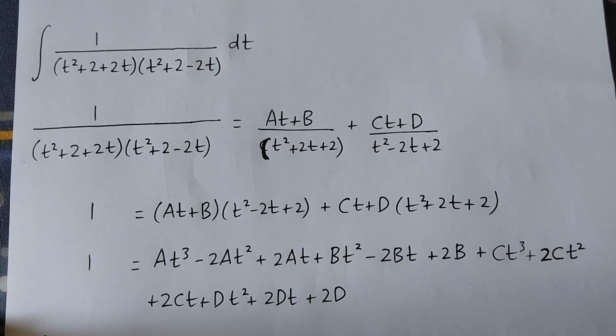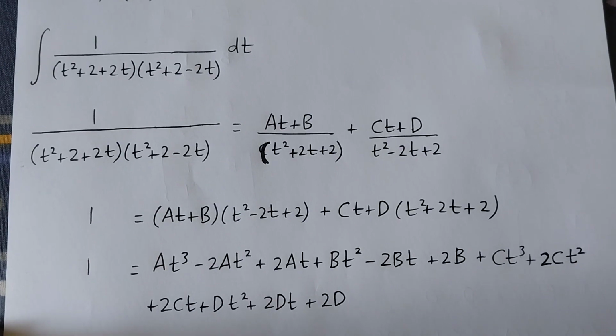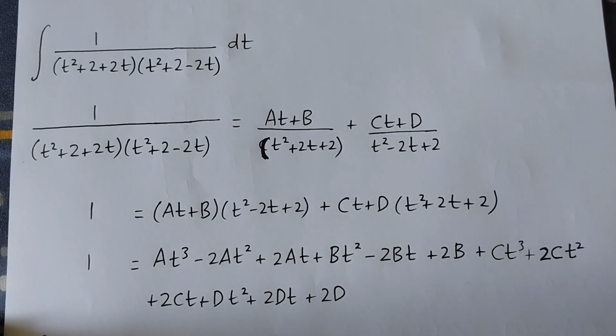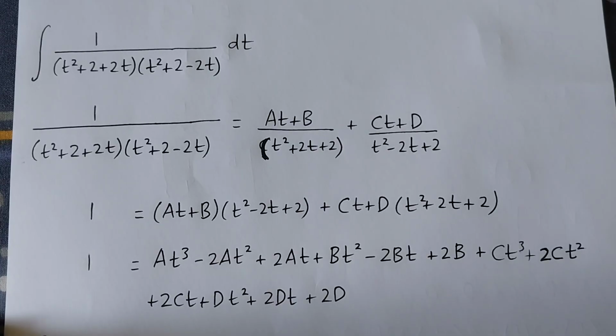And we choose them in such a way that the degree of the numerator is one less than the degree of the denominator, because otherwise the numerator can be divided by the denominator.